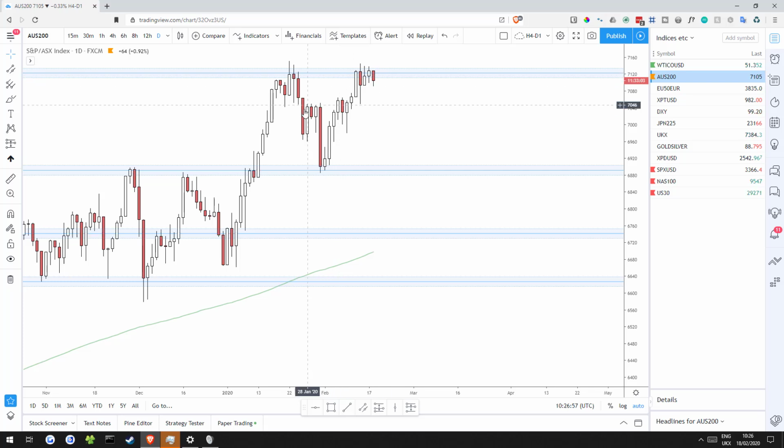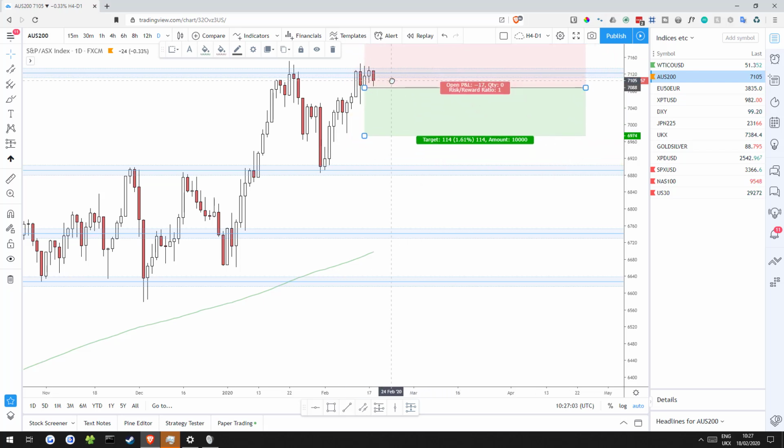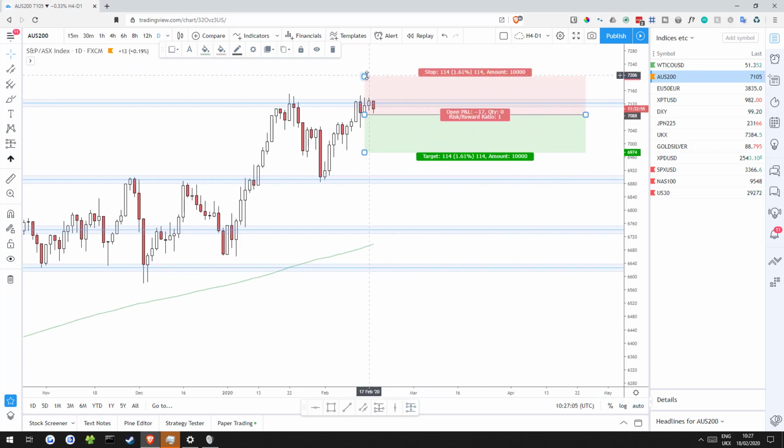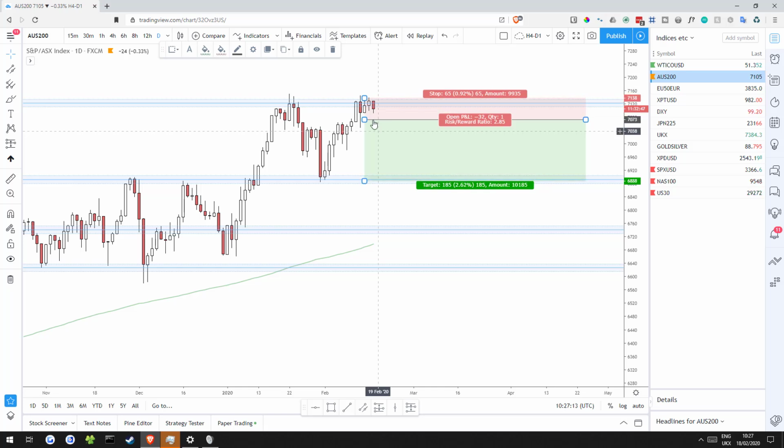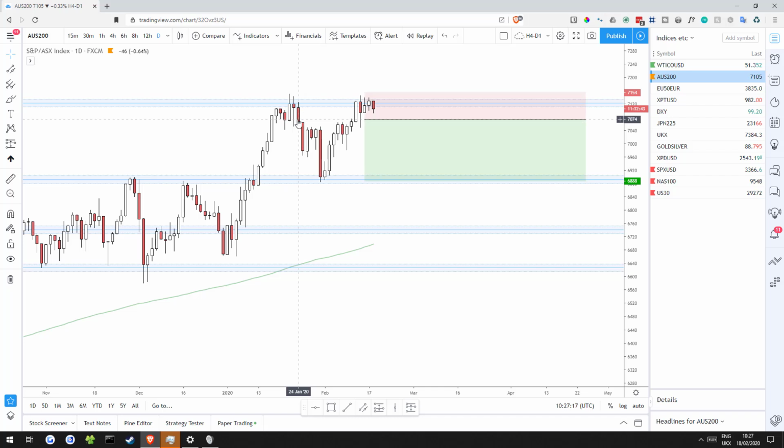So potential for a short here on the AUD 200. Pretty good risk to reward ratio. Want it to move lower, actually. So something like this, if it starts to push down, that would confirm that bears are taking control.